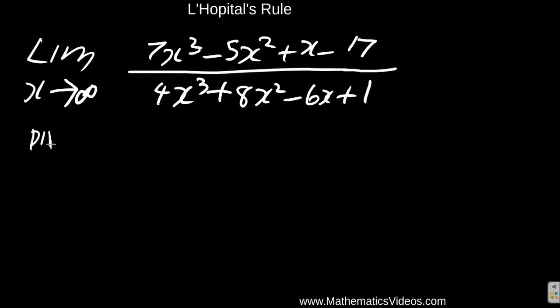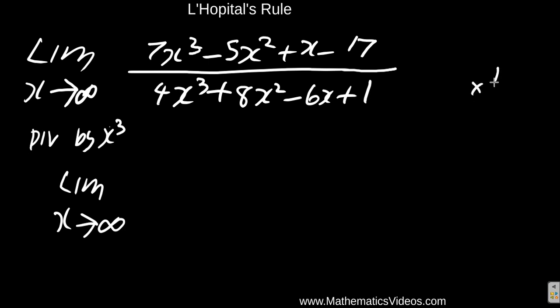Suppose you divide by x cubed. You divide both numerator and denominator by x cubed. What would happen? You look at the limit as x tends to infinity. And by the way, remember, when you divide the numerator and the denominator, it's like multiplying by 1.